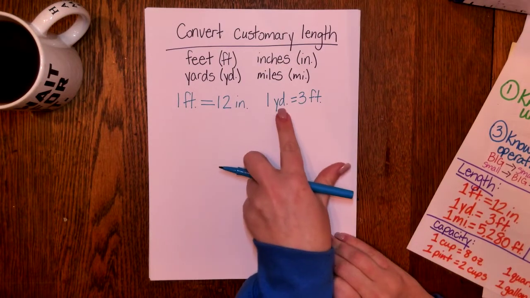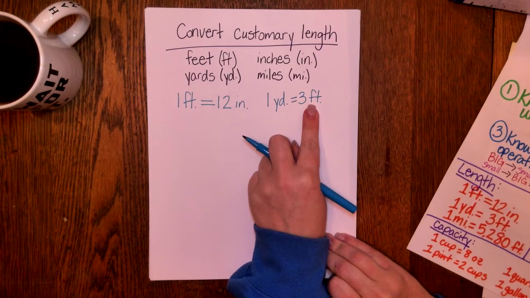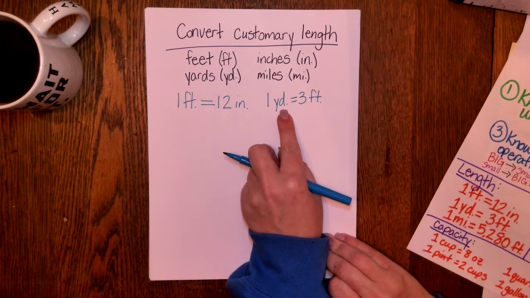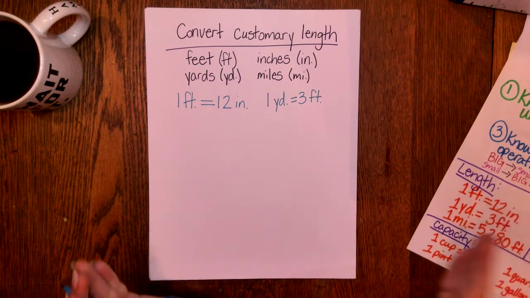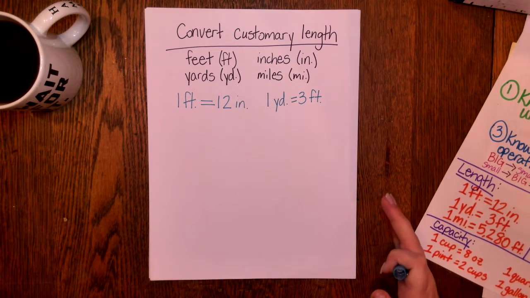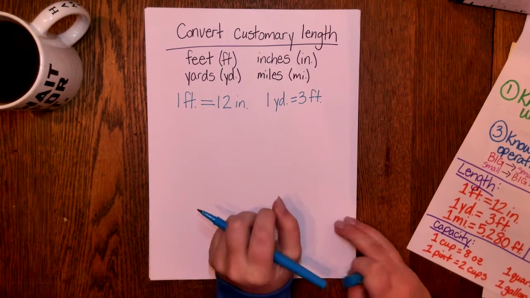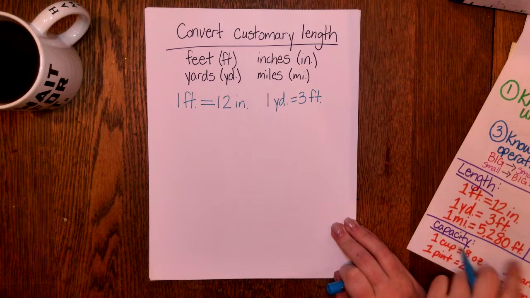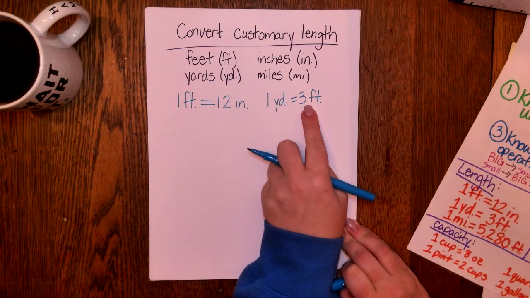A yard is 3 feet. We're familiar with yardsticks. Those are those long rulers that we have at school that are a lot bigger than just a regular old ruler. In fact, it's 3 times the size of a regular ruler because it's equal to 3 feet.